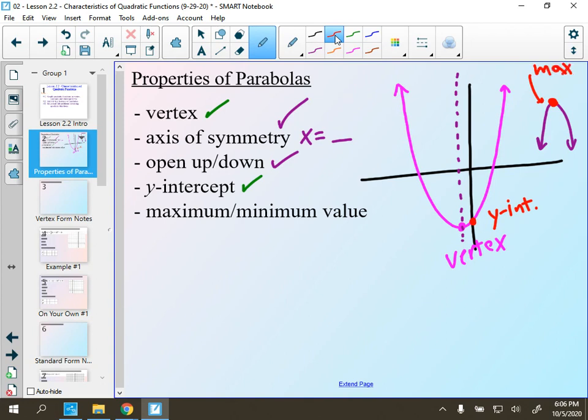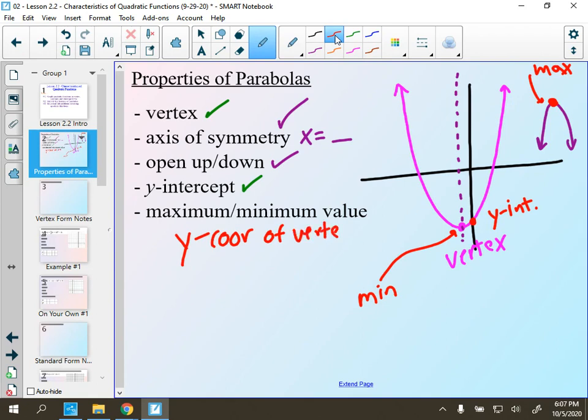That's automatic. That's black and white. Every graph that opens down has a maximum value, where every graph that opens up has a minimum value. There's a bottom, a basement to that graph. And for us, the minimum value is going to end up being the y-coordinate of the vertex.